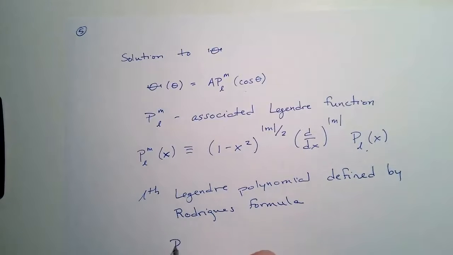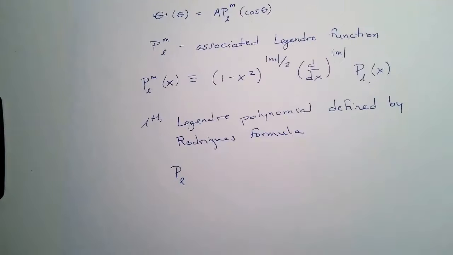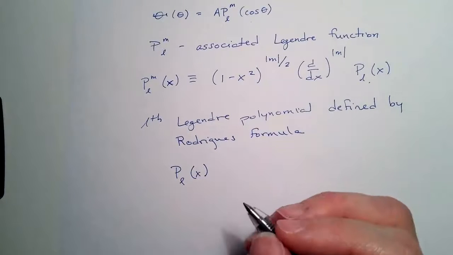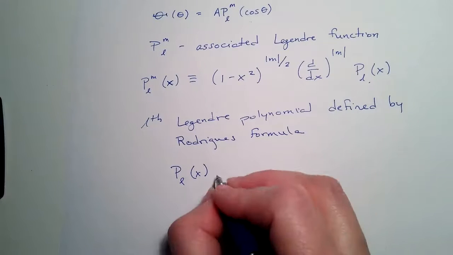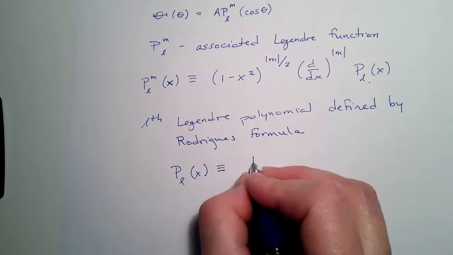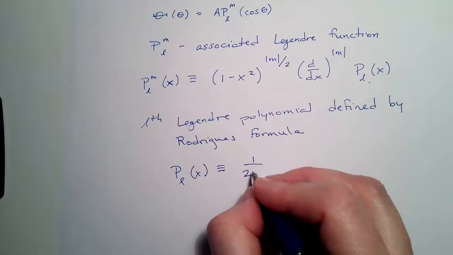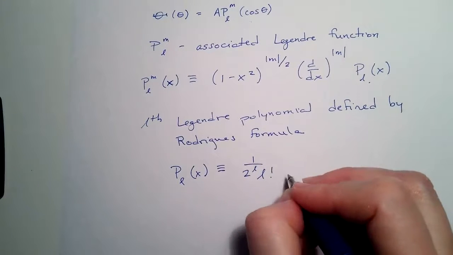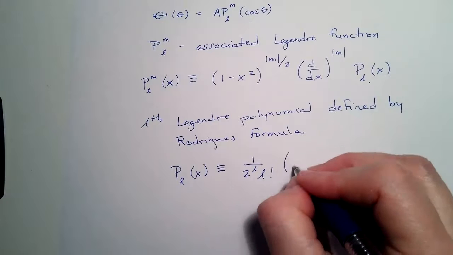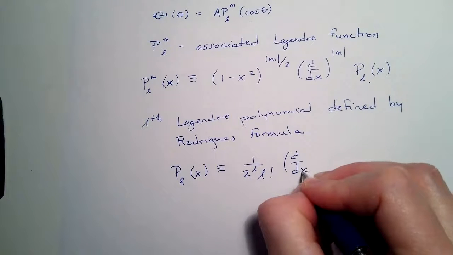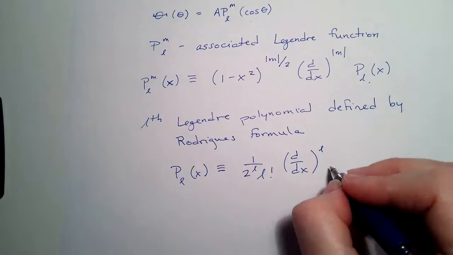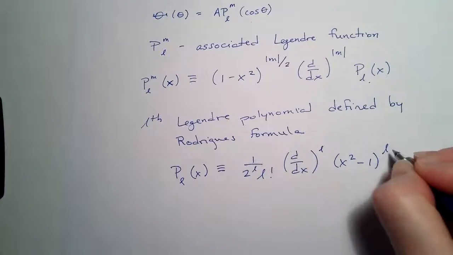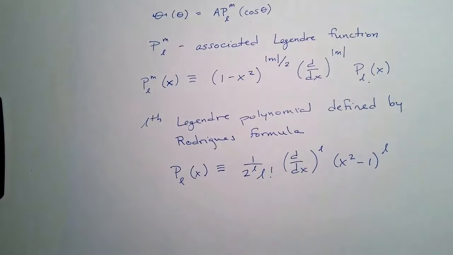The Rodrigues formula looks like P sub l of x equals 1 over 2 to the l l factorial, d dx, do that l number of times, on x squared minus 1 to the l power, right?